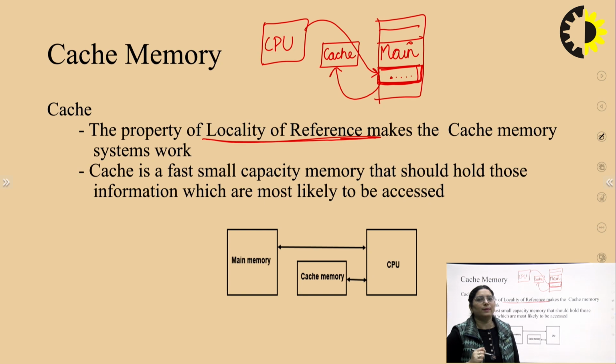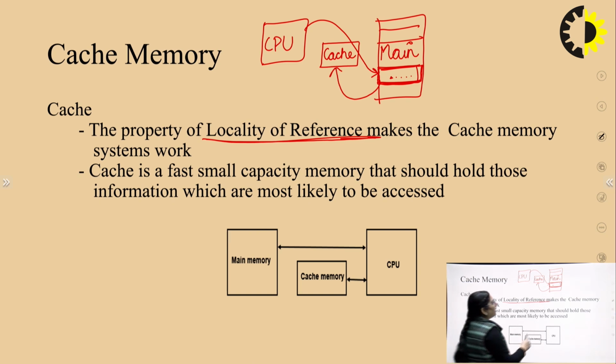It is a flip-flop based memory that does not need any kind of refreshing, so it is fast in accessing the CPU compared to the main memory. The cache is near to the CPU. So location also matters, and so does the underlying architecture of the cache memory. That is why we call this a faster memory.